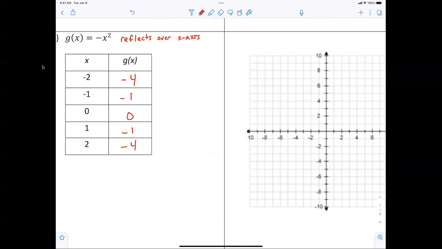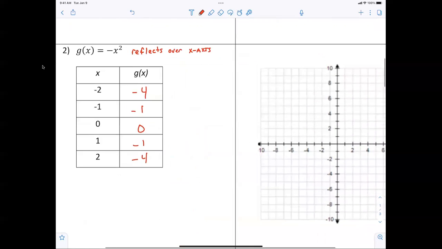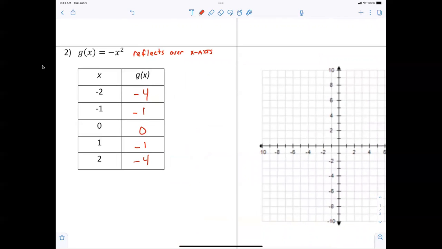How'd you get -4? Because what's -2 squared? 4, right? But then you make it negative because of that. You have to square first and then make it negative. So -2 squared, that's -4.